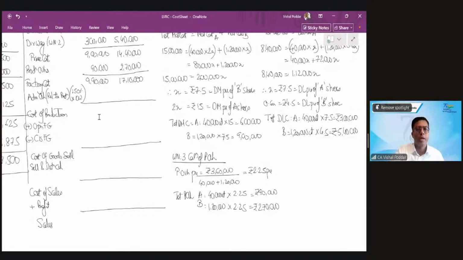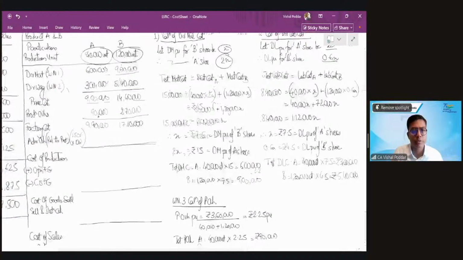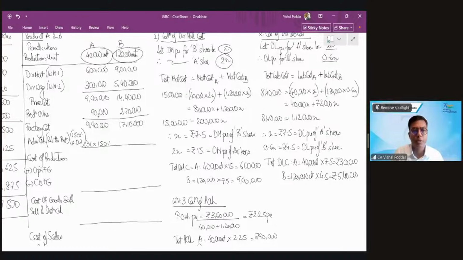Now, if direct wages is 3 lakhs, so it is 3 lakhs into 150%, and here it is 5.4 lakhs. 150% of 3 lakhs is 450, and of 540 will be, please cross check students. Yes. So it will be 1440.